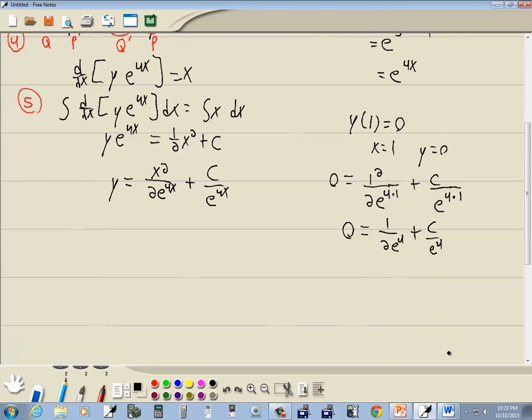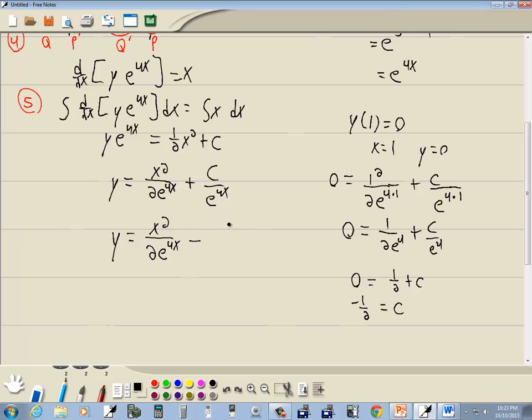If I multiply everything by e to the fourth, then the e to the fourth is going to disappear, and we got 0 is equal to 1/2 plus c. Take the 1/2 over, it becomes a negative 1/2. And that's our c. And now we plug that back in. So this becomes y is equal to x squared over 2e to the 4x.